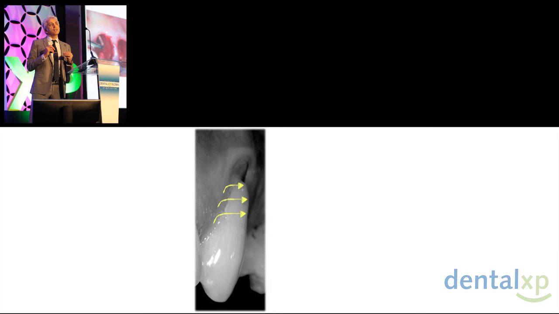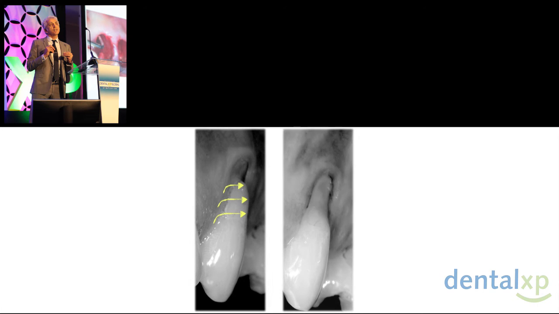So what we do to try to address the root prominence or situations where there is restoration that's creating prominence in these areas is to reduce the prominence by odontoplasty as well as removal of any class 5 restorations in this area to flatten the root profile and bring the root within the envelope of the gingiva.